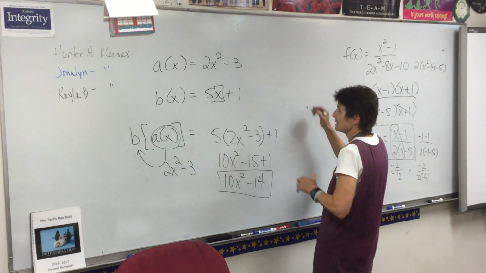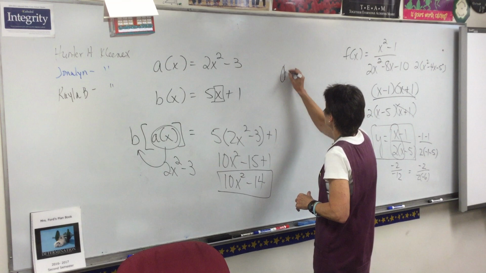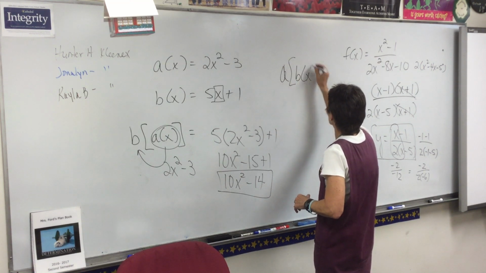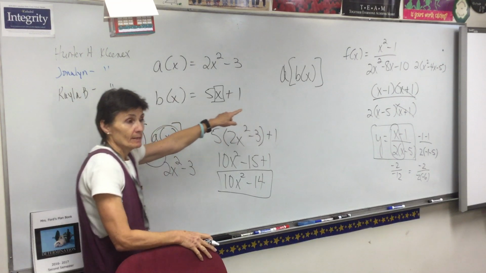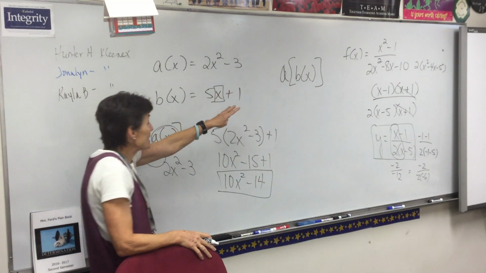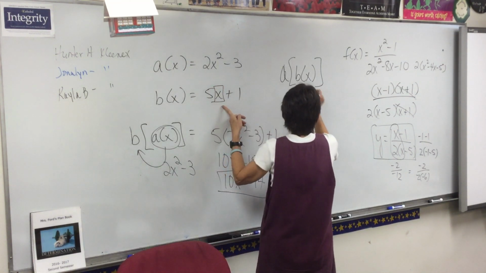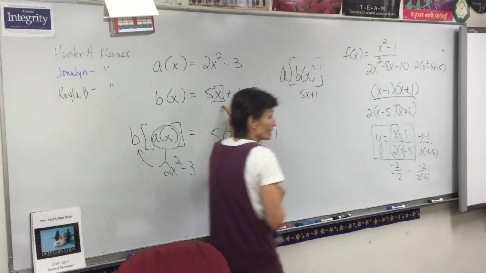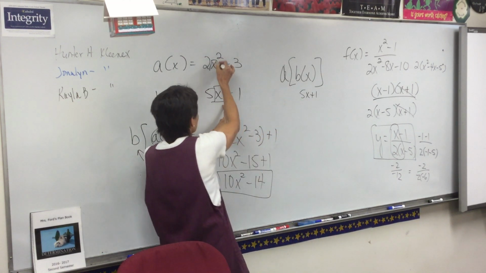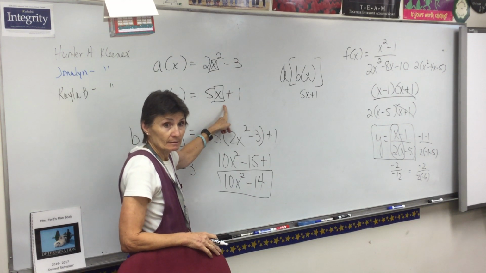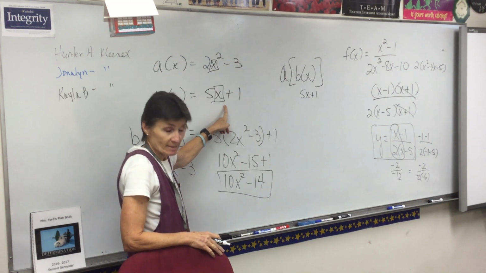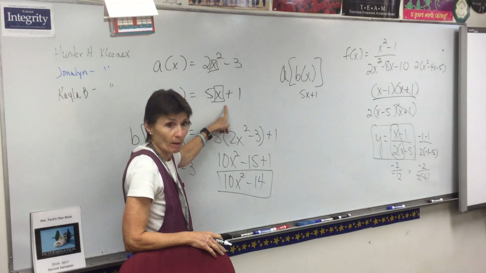So those of you that are breaking out in hives, this is the last one. This says, take the b function, which is 5x plus 1, and put it into a. So every time, you just put it in for the x.